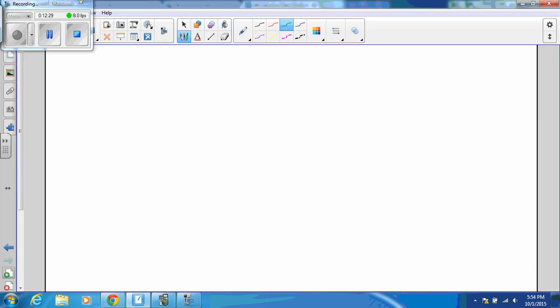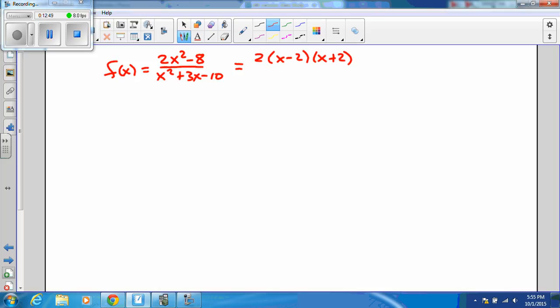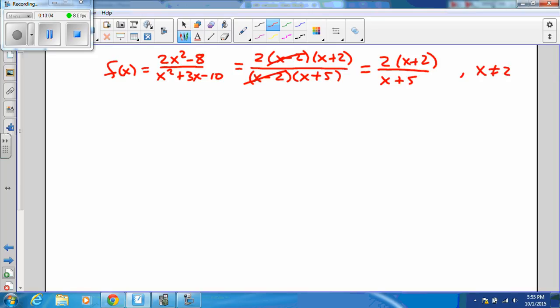Well, the other questions were easier. Find the zeros of f of x. Now that we have dealt with our excluded values, I find it most convenient to use the reduced fraction for f of x, as long as we understand that x cannot be equal to the excluded value of 2.